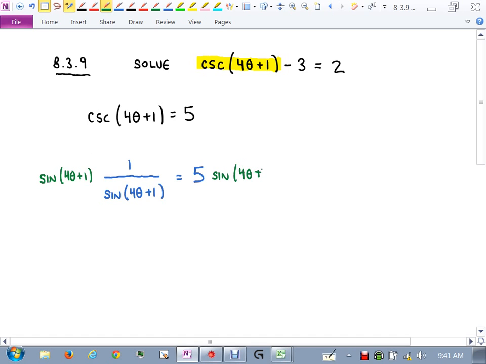Now why do you think I'm doing that? I'm going to get it out of the denominator this way, right? On the left side, it's going to cancel, and I'm just going to have what over there? 1. And then on the right side, my sine's on the right side now, right?